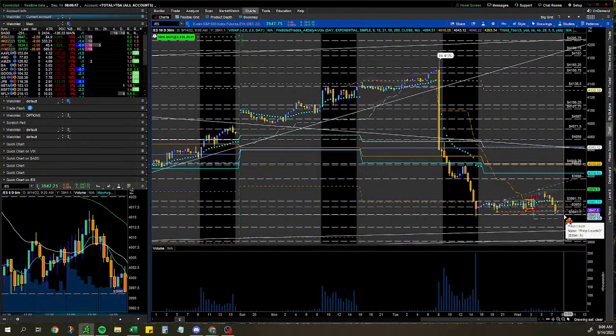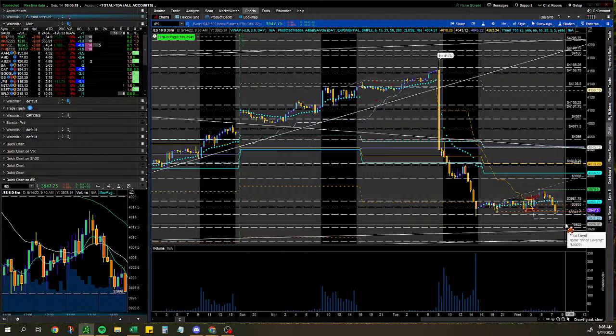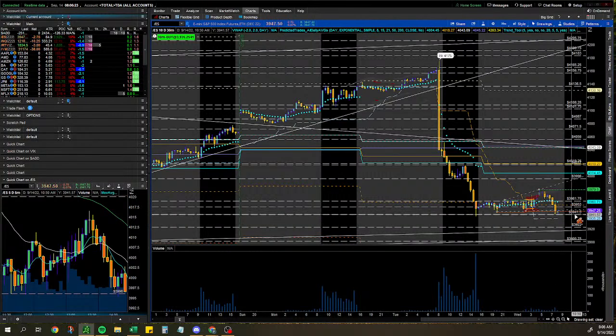So we'll have to see how the reaction to PPI goes. Have to see if it accelerates us to the downside, or if it slows the bleed a little bit. I've seen crazy things where we have some huge drop and then we get another economic release that sends us back up. So we'll have to see how they react to that data.